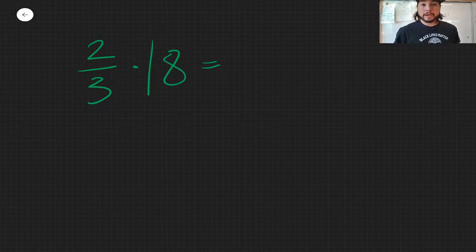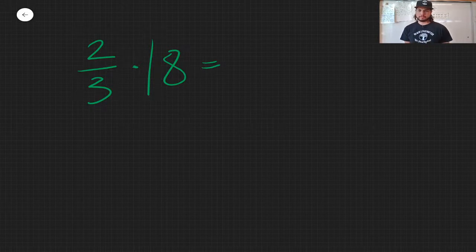Okay, and then from there, think about there's a few different ways we could solve this. You could solve this one by drawing out 18 stars, putting them into 3 groups. You could do that to find thirds of 18, right? You could multiply our numerators and then simplify the improper fraction.